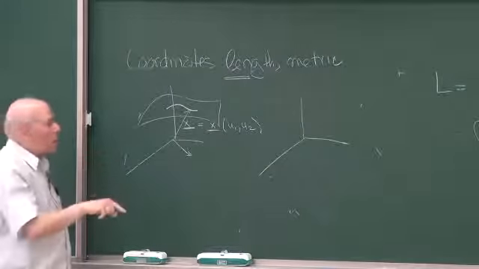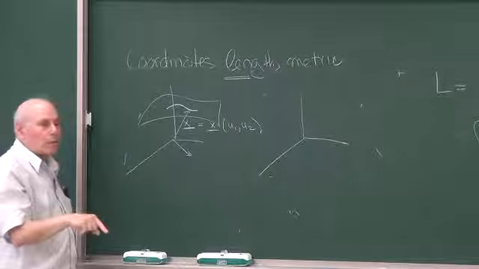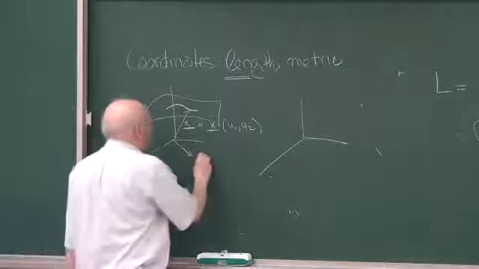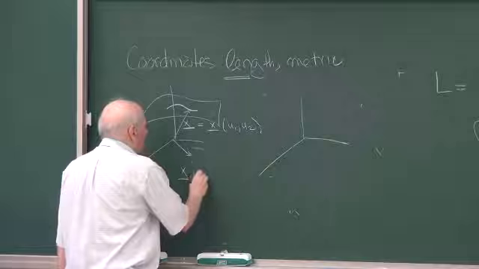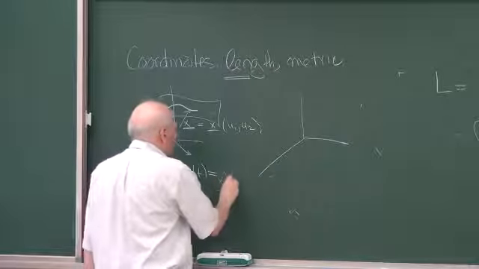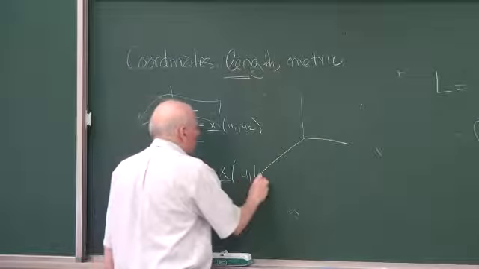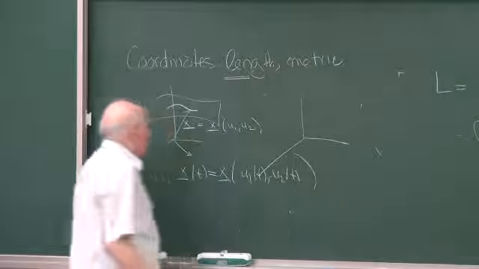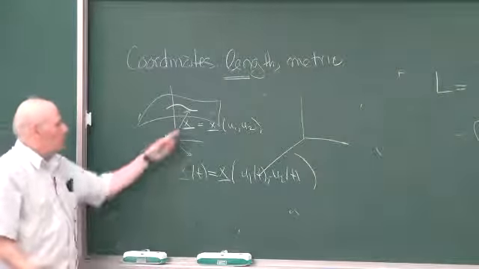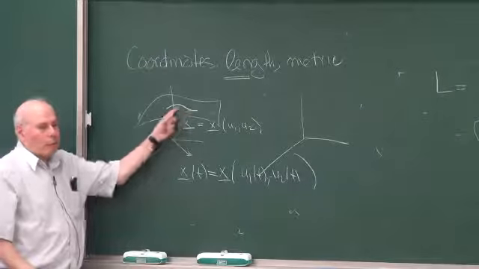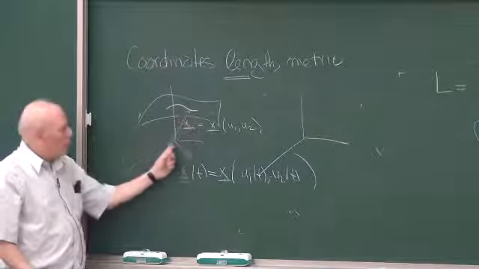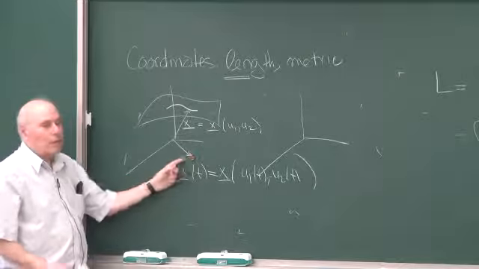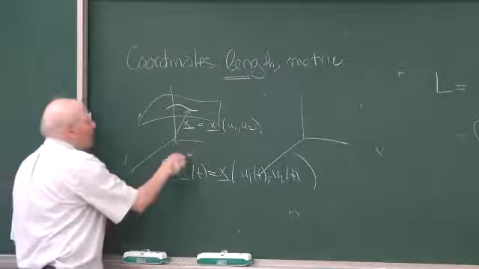So as t changes, u1 and u2 change. So as we move along the curve, x of t, x changes through the local coordinates, u1 of t, u2 of t. So in the simple example, the position on the curve on the surface changes as we move along some curve here. It didn't have to be a straight line. Okay?